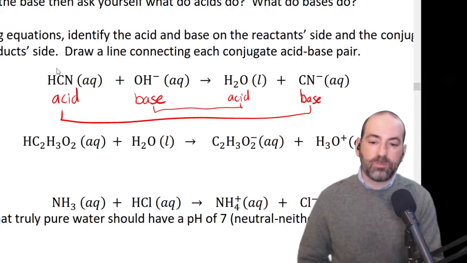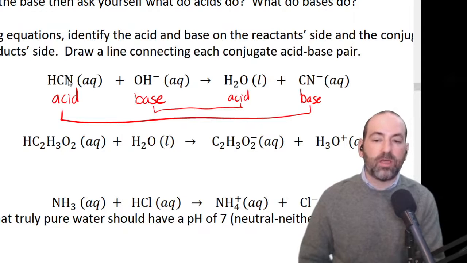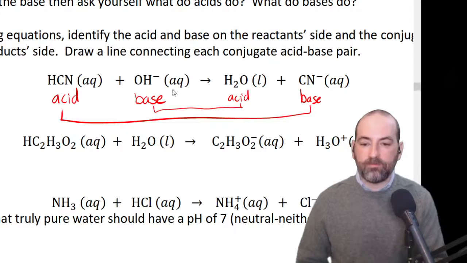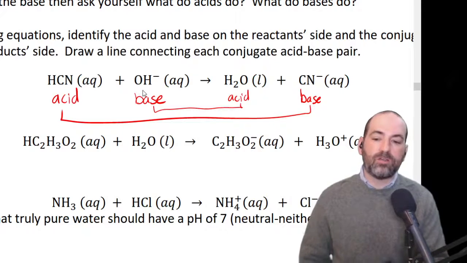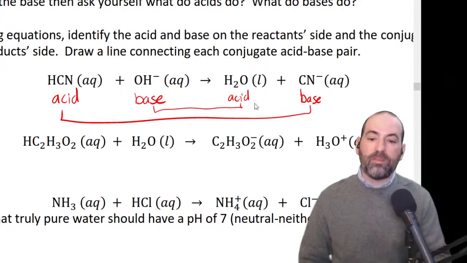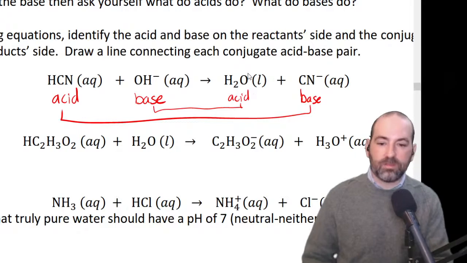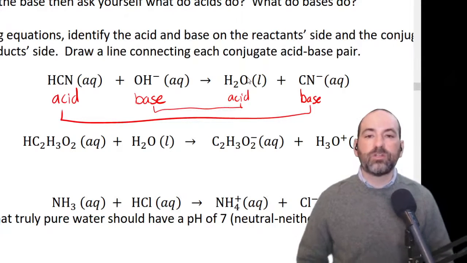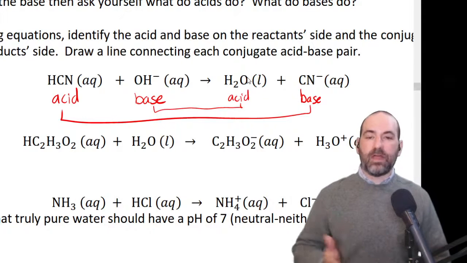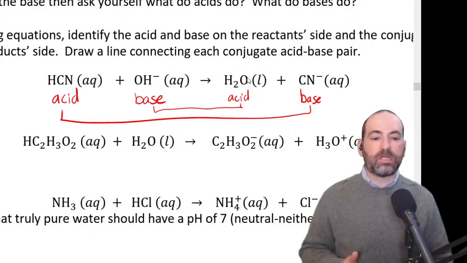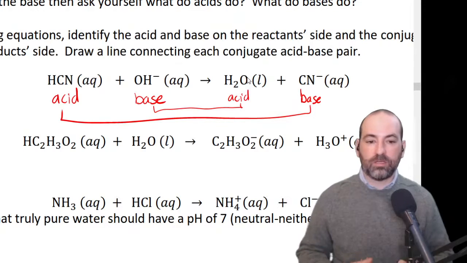So if you have a neutral species like HCN with no charge, and then it loses a positive, it's going to end up being -1. And similarly, if we start with hydroxide at -1, and then we gain a +1, -1 plus +1 is 0, so that species then is neutral. So when you're drawing acid-base reactions, when you're transferring that hydrogen, make sure that you're also correcting for the charge, which is going to change as well.